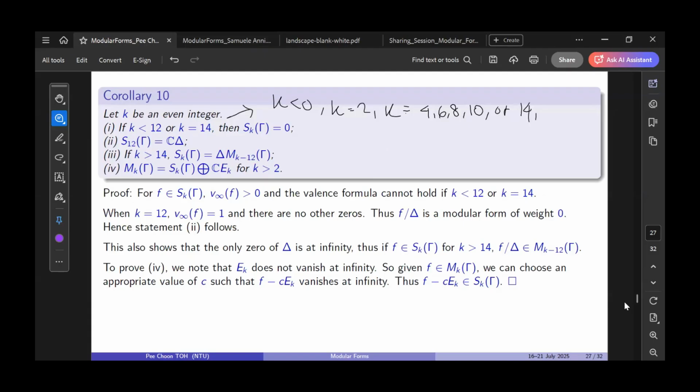But for k equal to 4, 6, 8, 10, and 14, we have known that the modular form is always of the form some constant times Eisenstein k, which means they are in the form of c times 1 plus something.